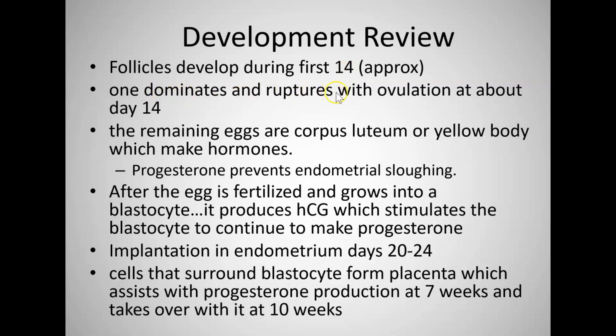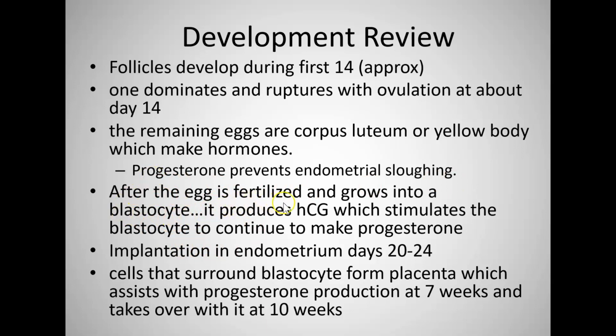One dominates and ruptures with ovulation at about day 14. The remaining egg becomes the corpus luteum, or yellow body, which makes hormones. Progesterone prevents endometrial sloughing, and that is what we call our menstrual cycle.